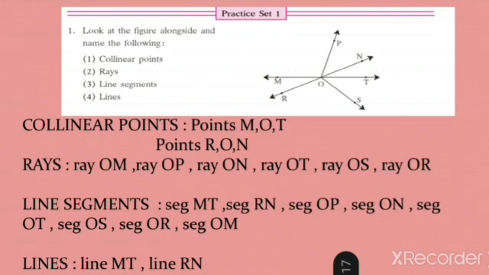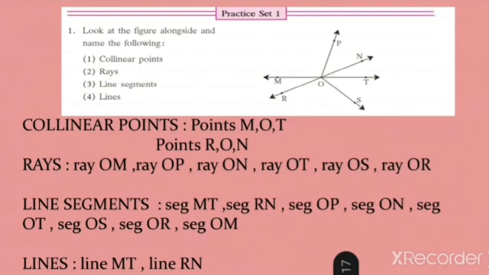The points which lie on the same line are called as collinear points. So if you look in the figure, which points lie on the same line? Yes, point M, point O and point T are the 3 points which lie on one line.